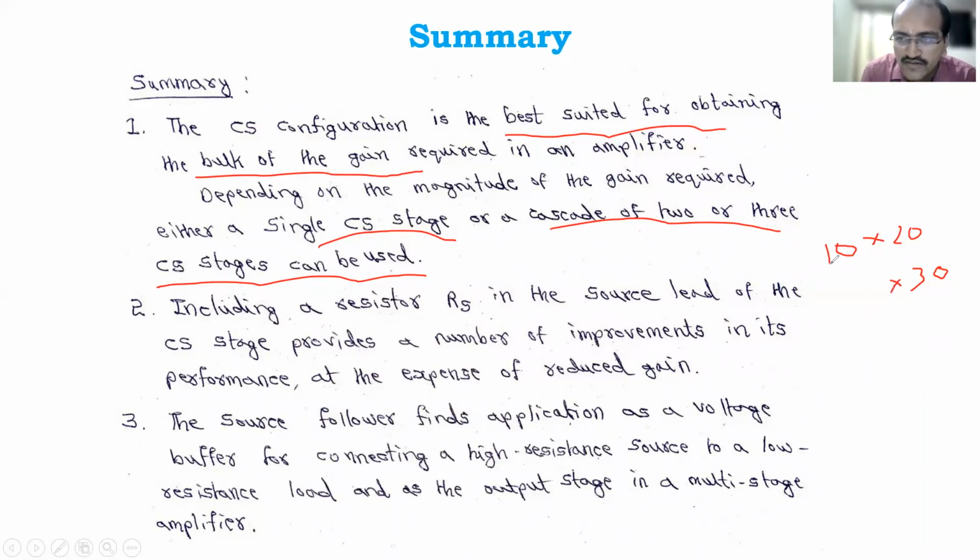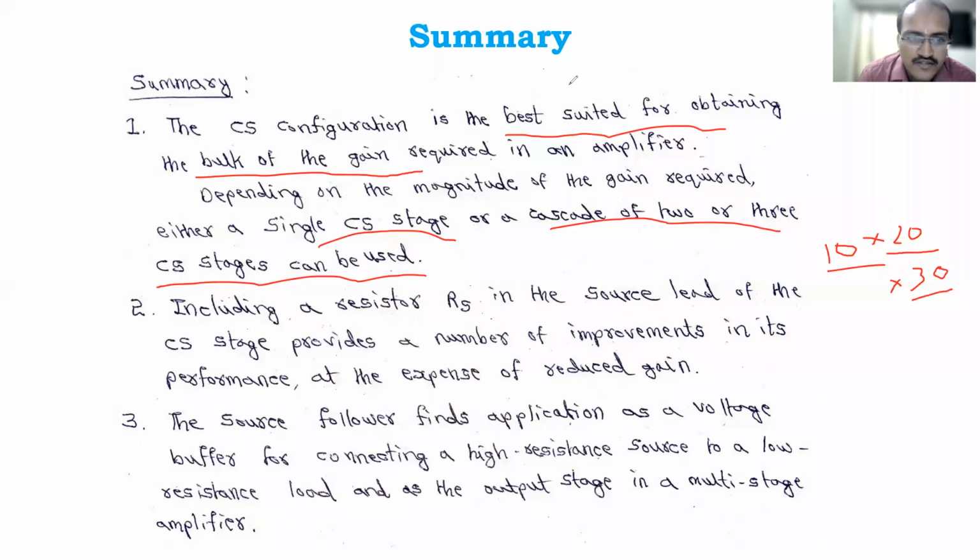The first stage will magnify and its output is given as input to the next stage, which will magnify 20 times, and again the next will magnify the output. When you connect 2 or 3 stages, you will see a very large increase in the voltage gain. For that, the common source amplifier is the best suited one.